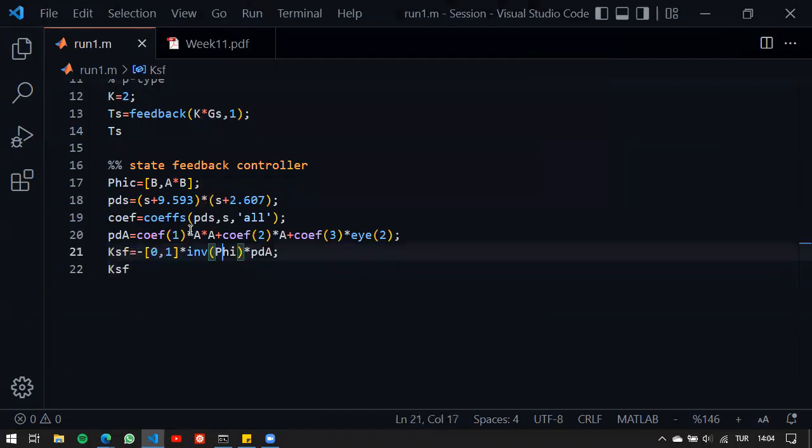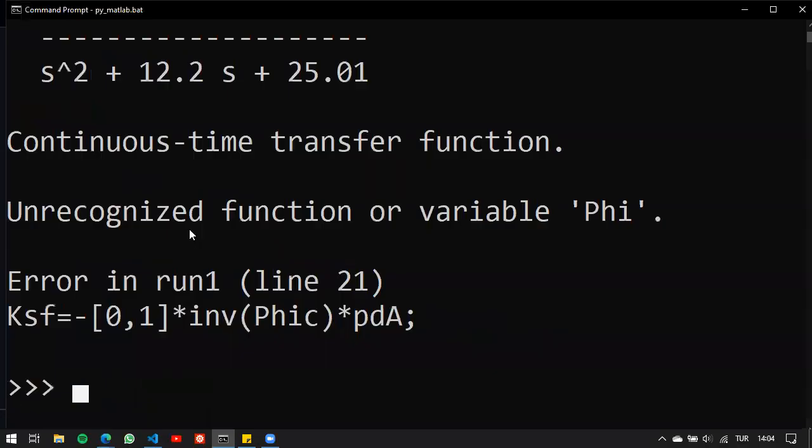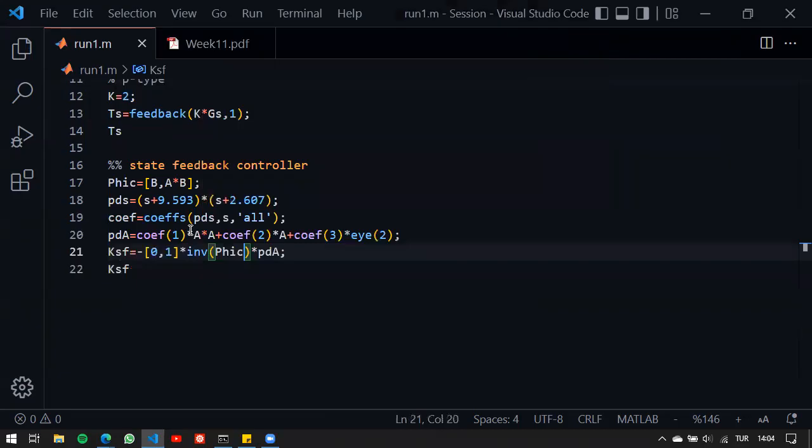It's called phi c, not phi. Of course, we need to convert it into double because we have used basically coefs here. In order to prevent that, what we can do is we can just go ahead and change this into double.